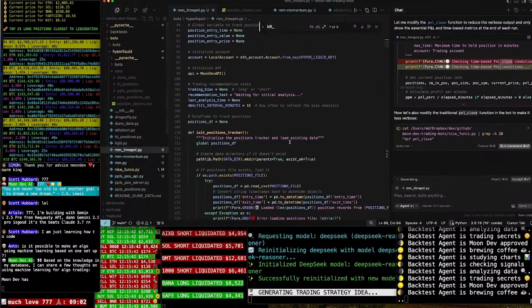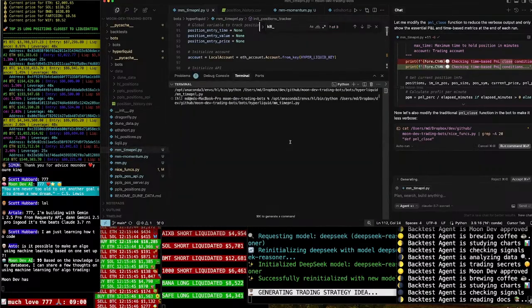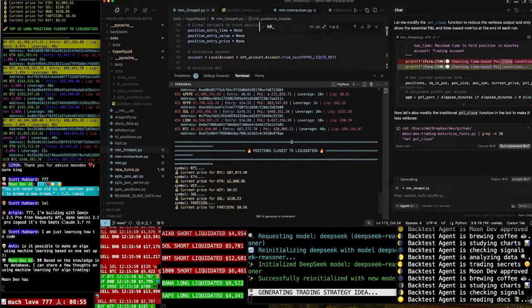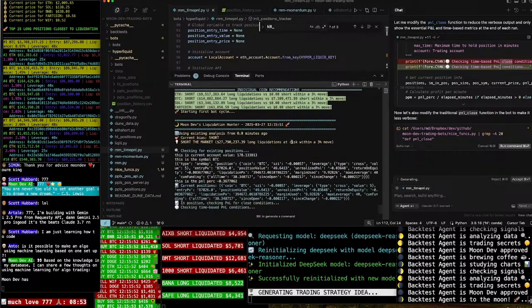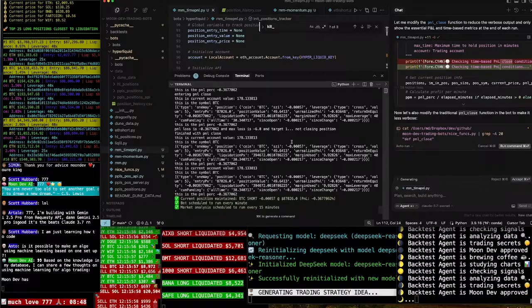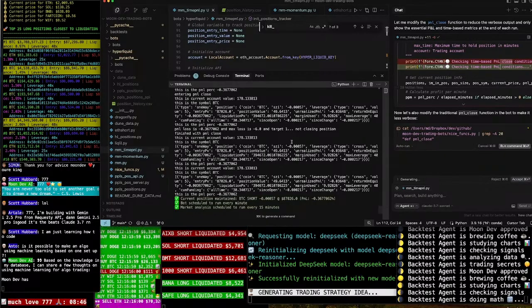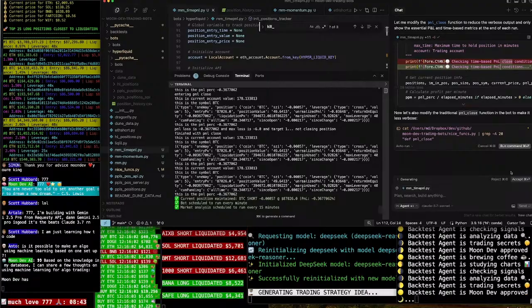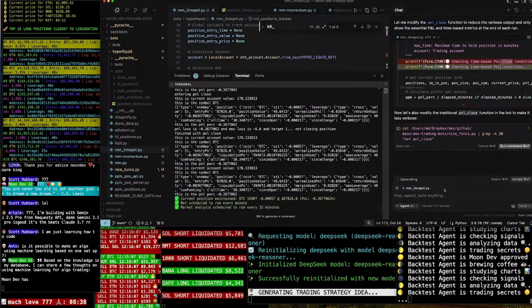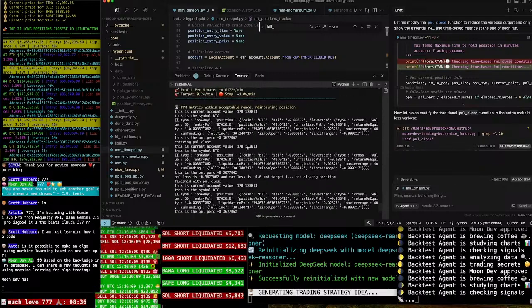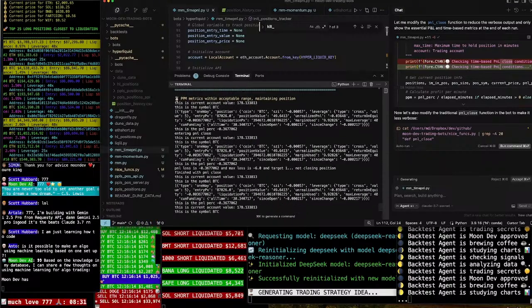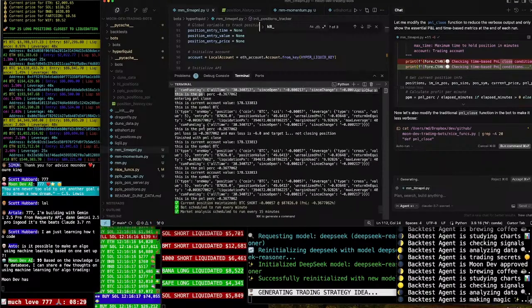People's positions, time, P&L, perfect. Okay, so yeah, it still seems like it prints this stuff out, though.